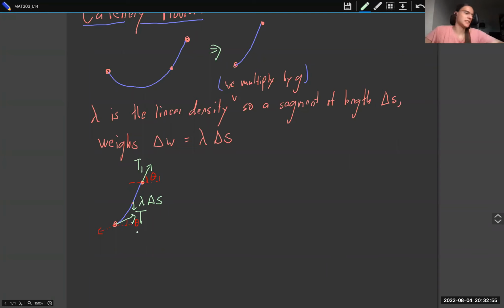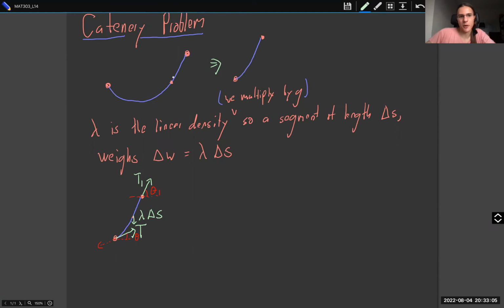That's a number, but it's directed downwards. So what's going to happen is that these three forces have to balance out. You can imagine that this is an infinitesimal part of the cable, maybe between these two points. These three forces have to cancel out no matter how small we make this, and then we're going to get a differential equation when we take the limits.